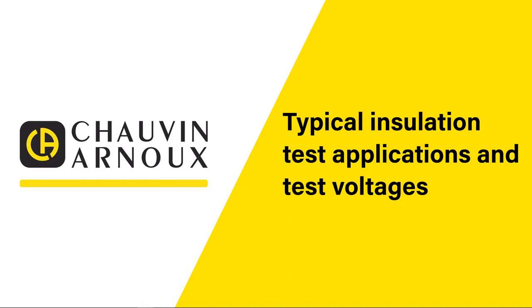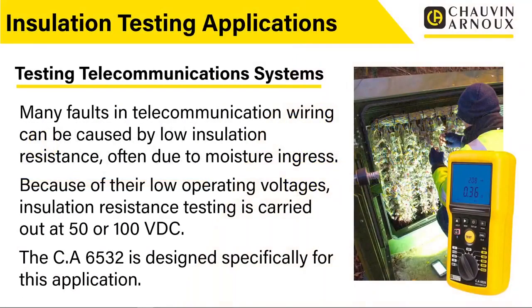In this section, we're going to take a look at some typical installation test applications and the test voltages used. This is a typical application that you may come across. Sometimes you'll look on your insulation resistance tester and you'll have the values of 50 volts or 100 volts DC, and generally these are for telecommunications applications.